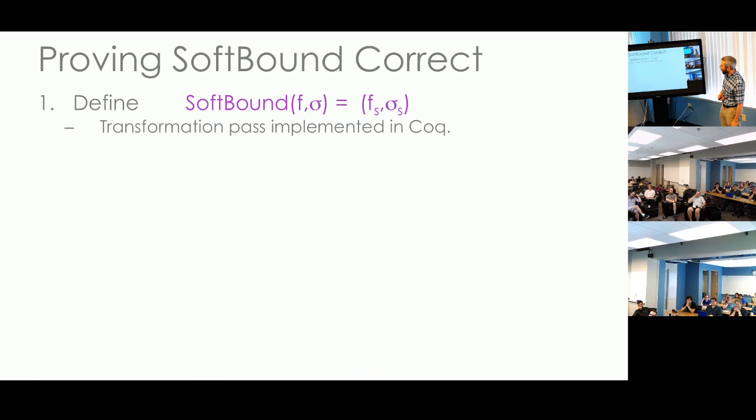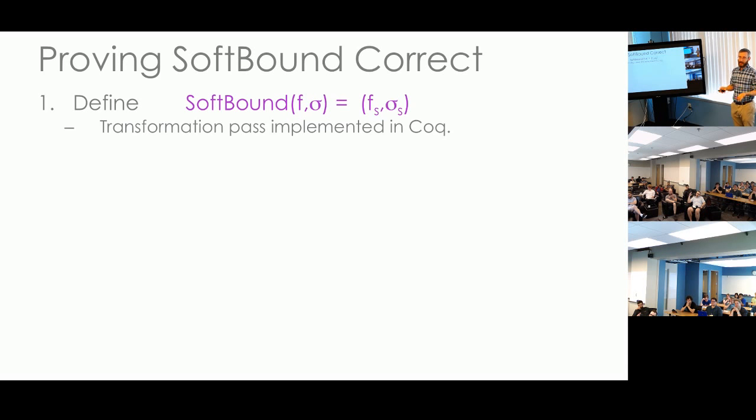So how do we prove SoftBound correct? Well, first we define this instrumentation pass as a Coq program transformation. So it takes LLVM IR code and produces LLVM IR code, like I showed you. And we have to lift that to not only the static code, but also to the dynamic states.